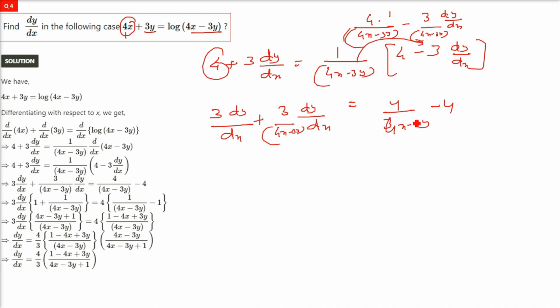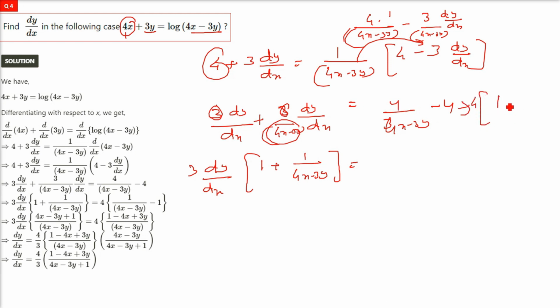Okay, now dy by dx, you can take common and you can just resolve this so that you get the simplified version. So dy by dx, 3 is already there, so you can take it out, and 4 is also there on the right hand side. So 1 plus 4x minus 3y is equal to, now you can take 4 common if you want, 1 by 4x minus 3y minus 1.